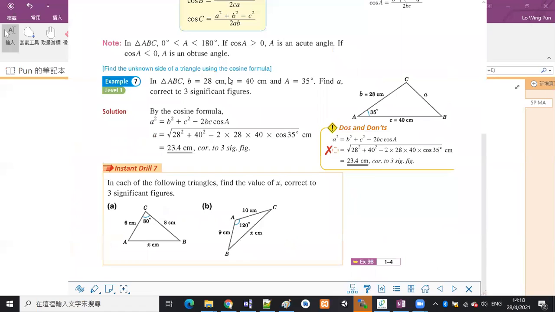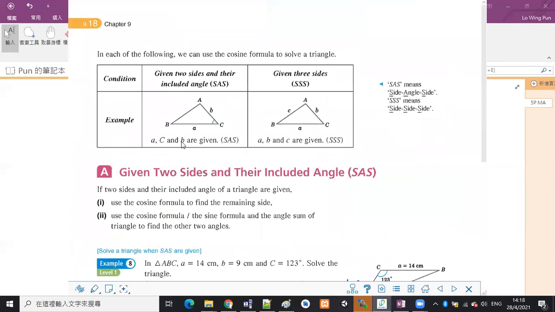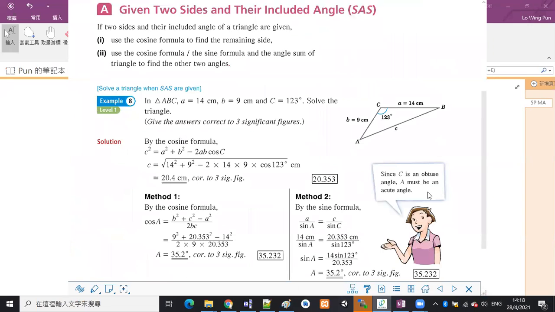Example number 8, on the next page. Example 8.